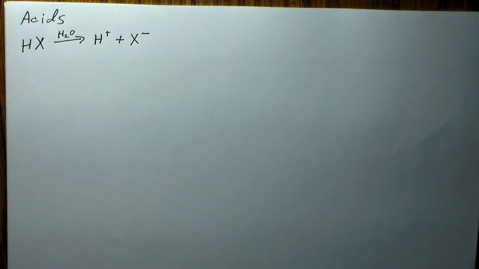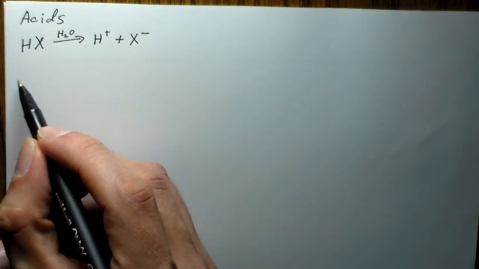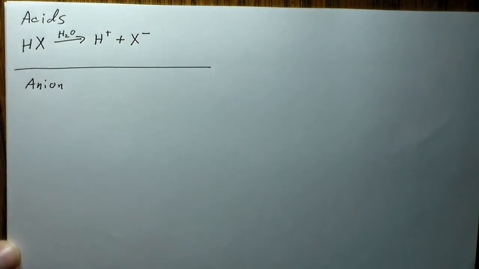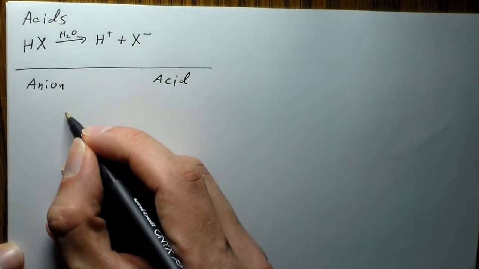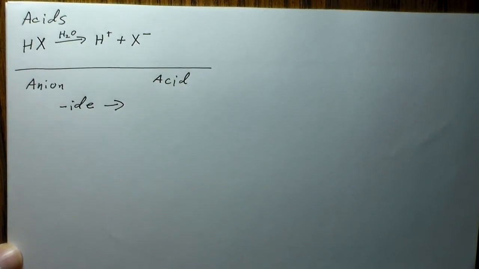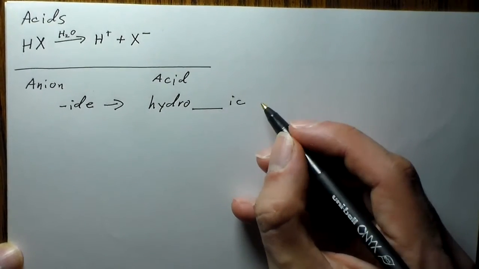The way we name these is, let's say we have my anion I'm starting with, and we're going to make an acid out of that anion. If the anion ends in an IDE, this is going to become hydro blank ic acid.